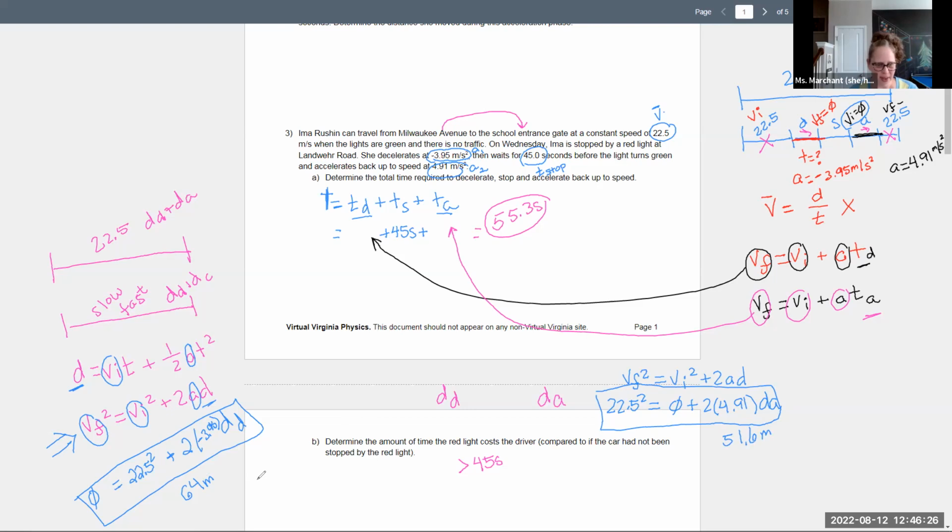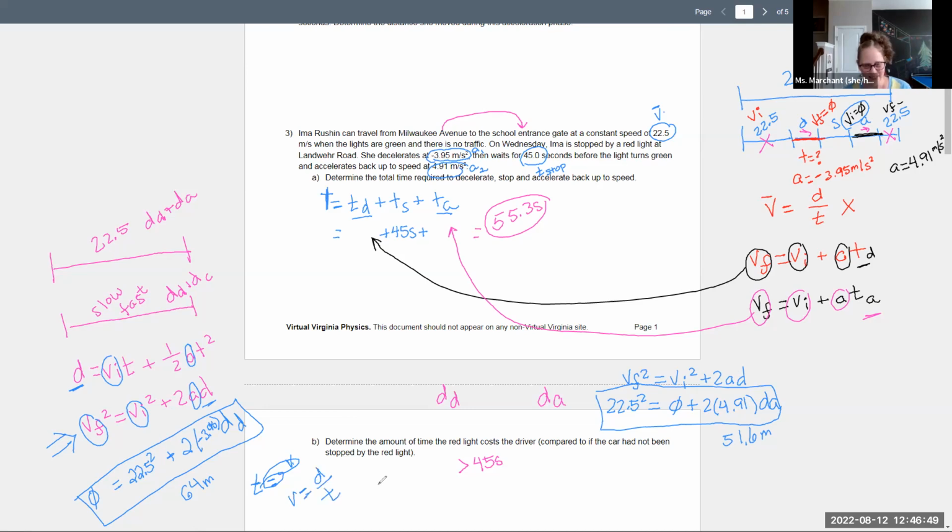Now, what do I know? I know that the time is going to be equal to the... let me write it the other way. Velocity equals distance over time.